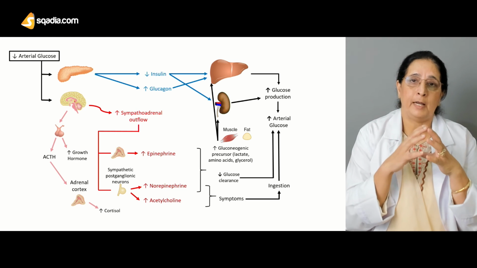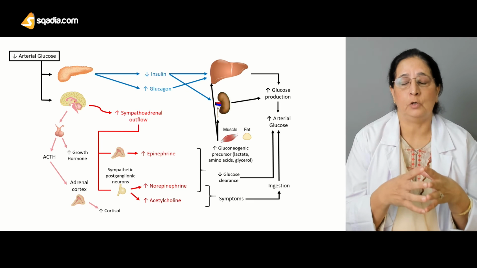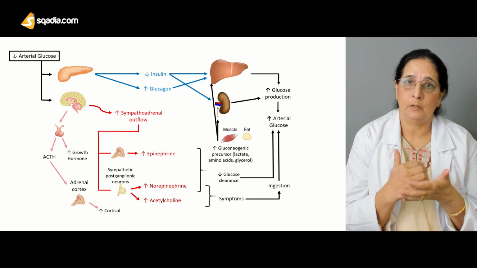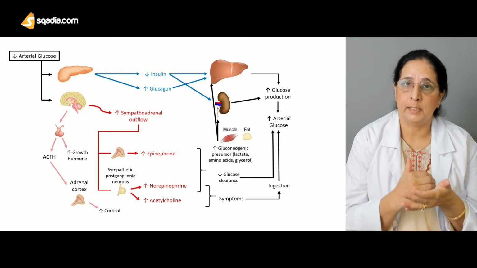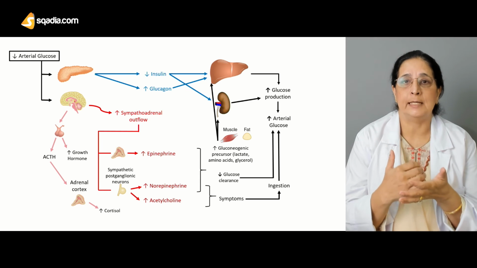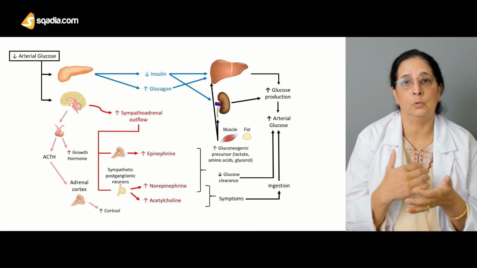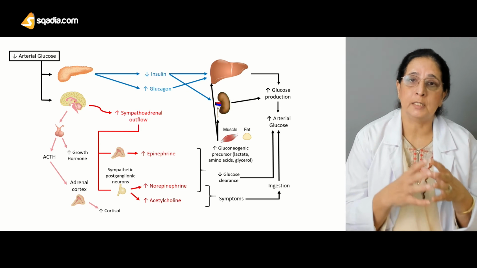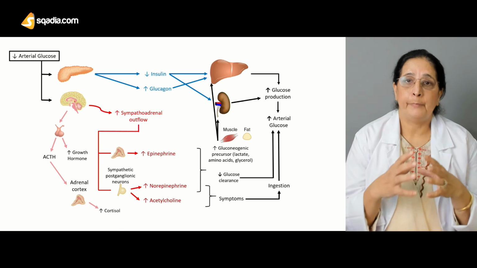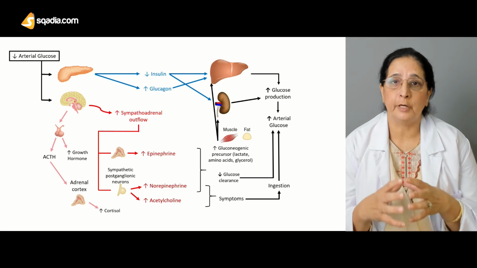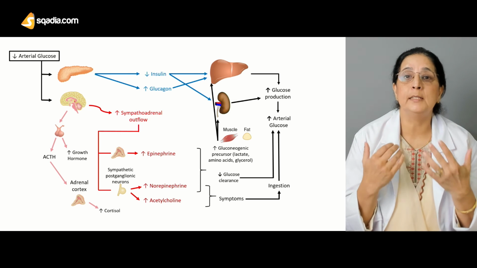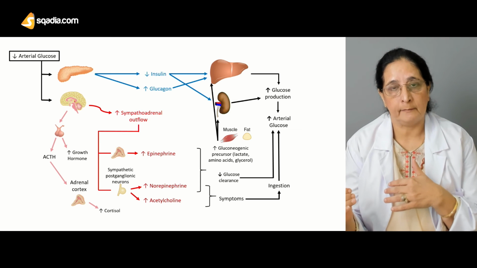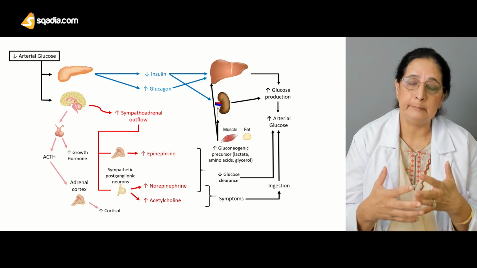So basically, if I just summarize this pathophysiology, we can say there are two main organs that play a vital role in gluconeogenesis or increased production of the glucose, bringing the glucose level back to the normal. We have the pancreas, then we have the brain. Pancreas, by decreasing the production of insulin and by increasing the production of glucagon, causes increase in the blood glucose level and reversing hypoglycemia.